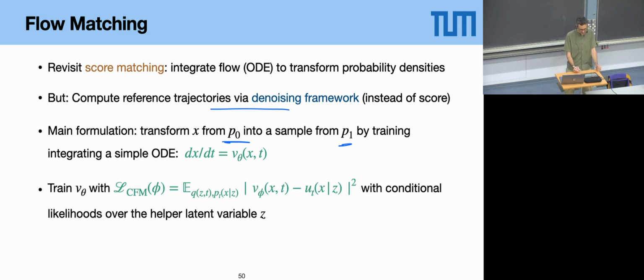The objective stays in a way very simple. We're interested in some flow, more on that in a moment, and we train a network now to produce that flow. For this conditional flow matching loss, I want to skip the unconditional version in the script.